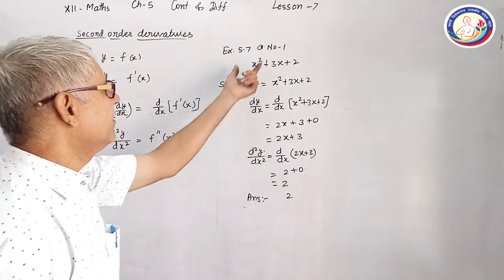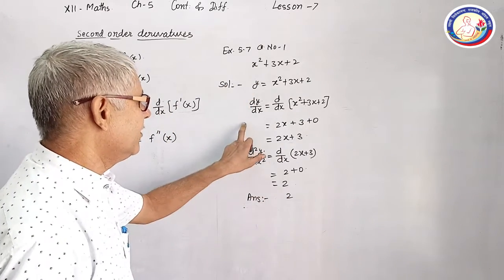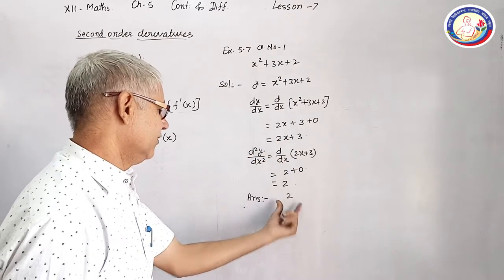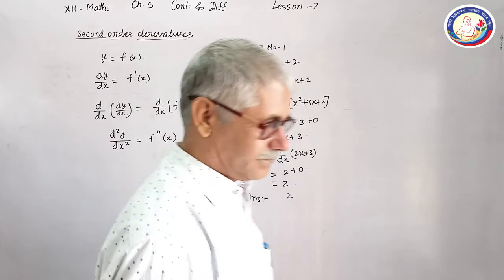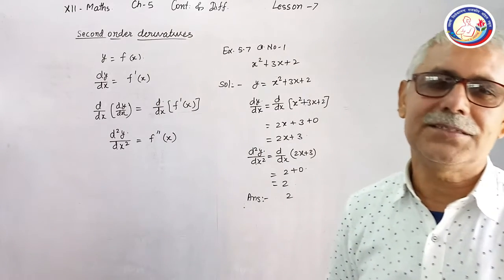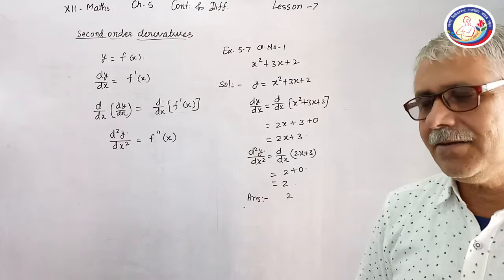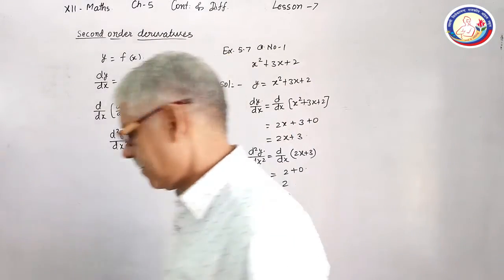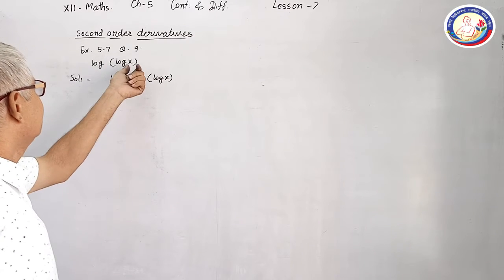So second order derivative will be 2. First order derivative or simple derivative will be 2x plus 3, and second order will be 2. So if we are asked to find second order derivative, first find derivative of the function, and then again find derivative of obtained derivative. Solving one more question.